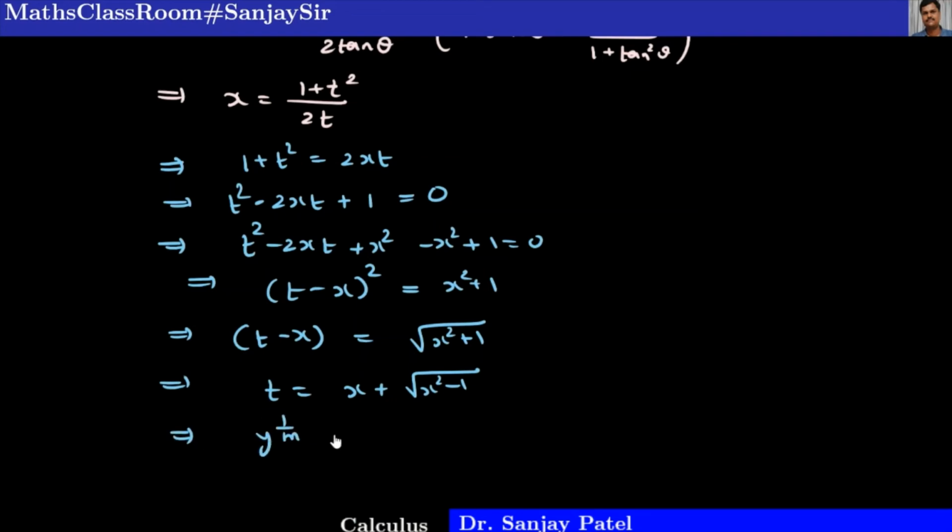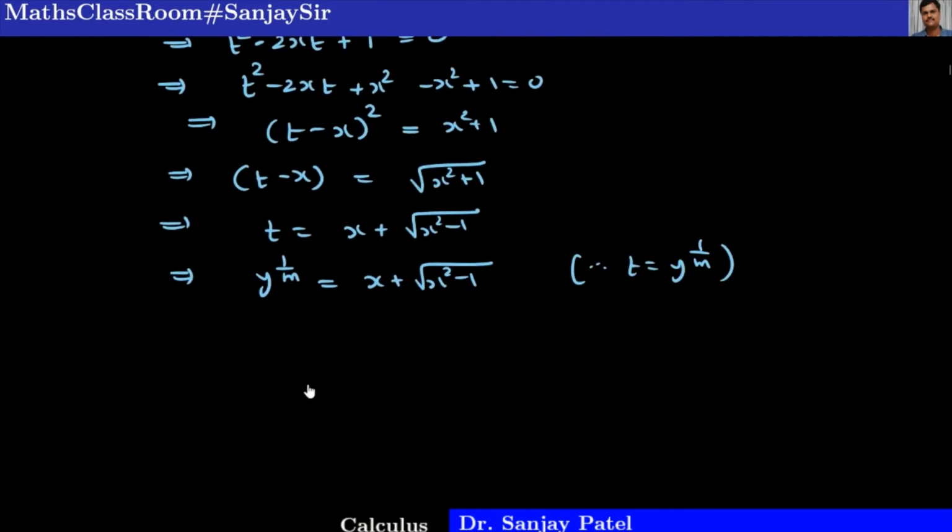So y raised to 1 upon m is equal to x plus square root of x square minus 1. Now you can see immediately that this becomes our problem number 4 only. So y is equal to x plus square root of x square minus 1 if you take mth power on both the sides.